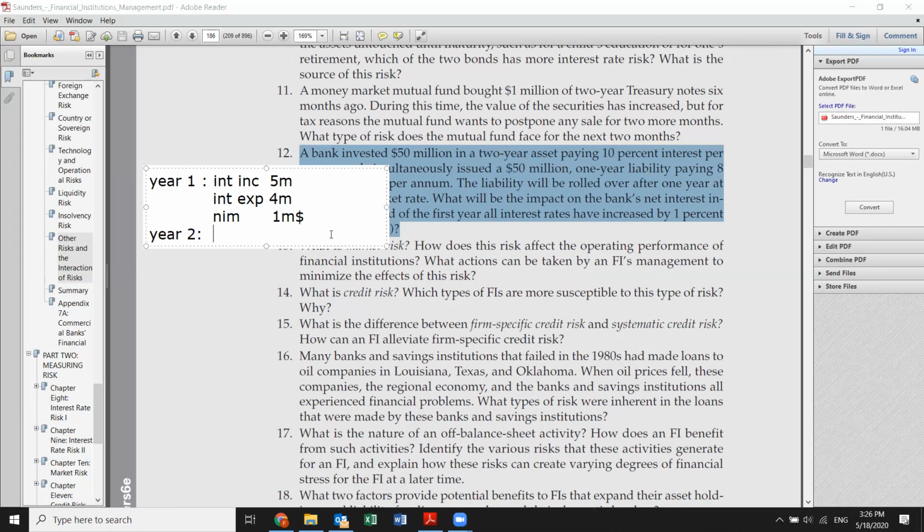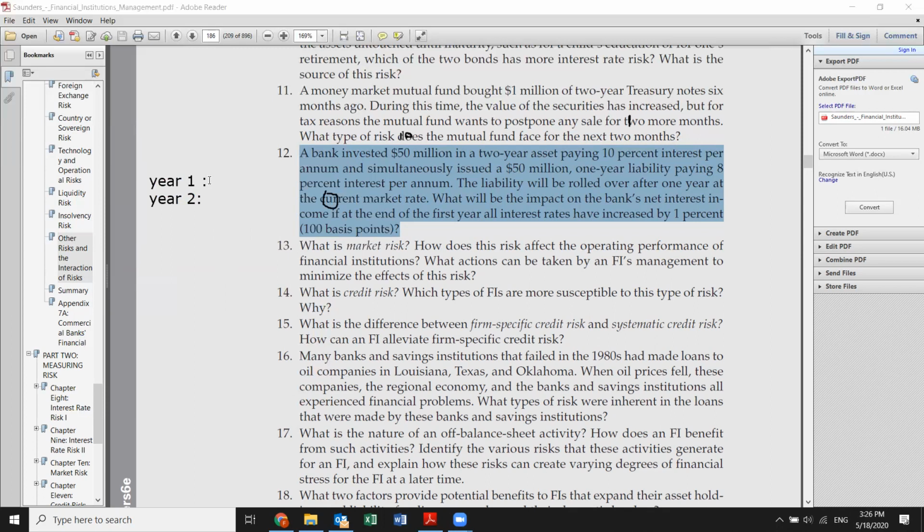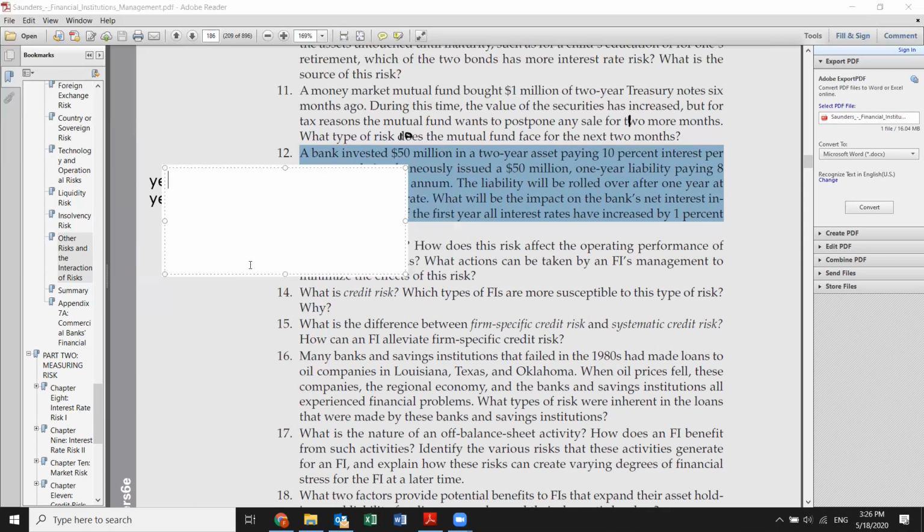Let me copy this to make it quicker. This is the first year, and this is the second year.